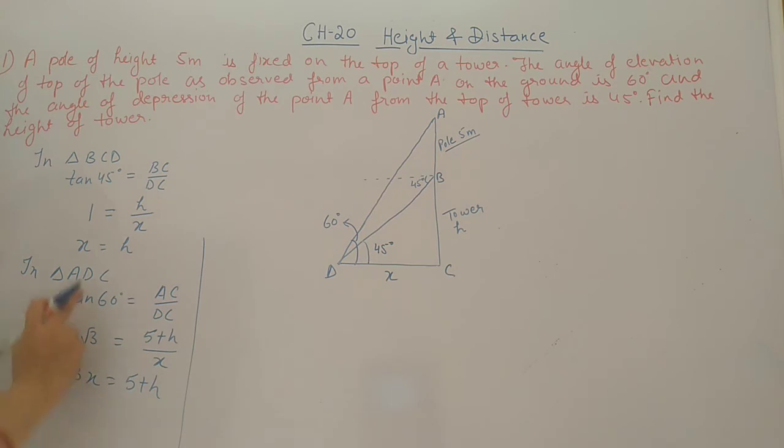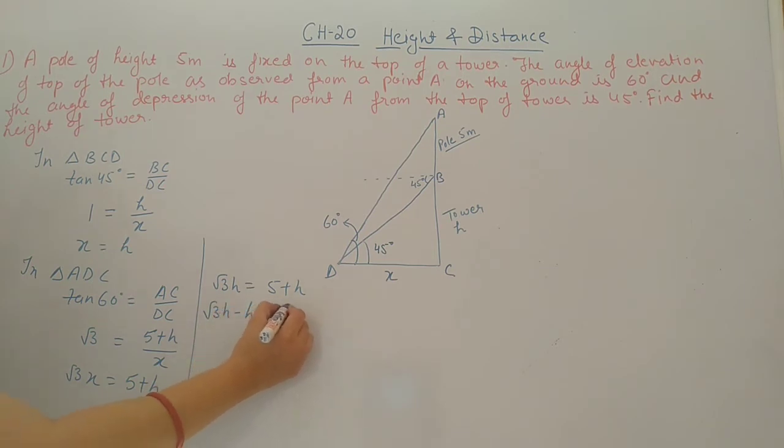In place of x we can replace h because x and h are equal. So we can write √3h is equal to 5 plus h, or √3h minus h is equal to 5. Take h as common, h(√3 minus 1) is equal to 5.